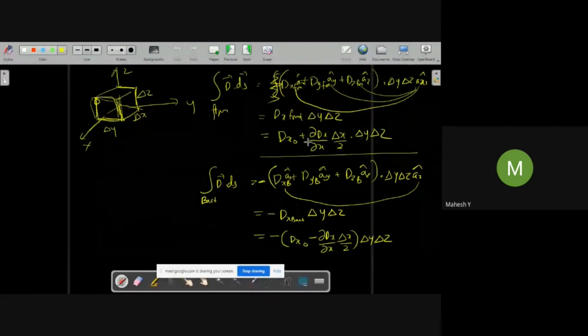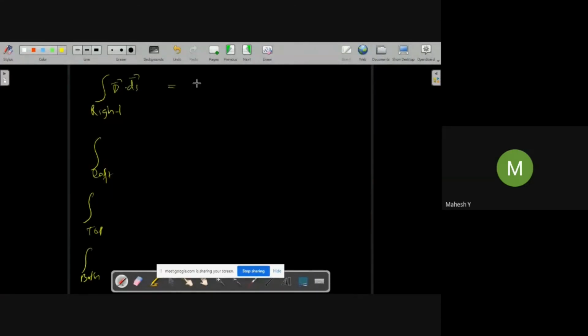No need of dot product, and you can directly write, right? Since here it is dx0 plus dou dx by dou x delta x by 2 into delta y delta z. For the right it will be dy0 plus dou dy by dou y into delta y by 2 whole into delta x delta z, because on the right side the dimensions are delta x into delta z.